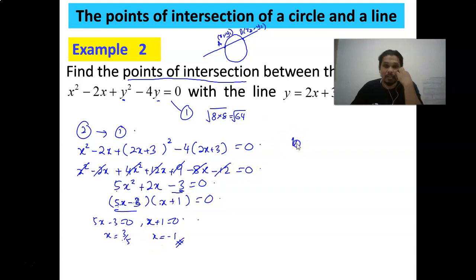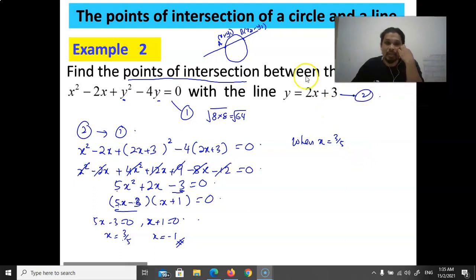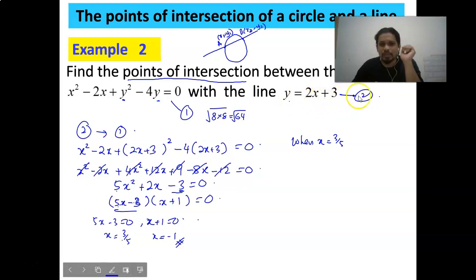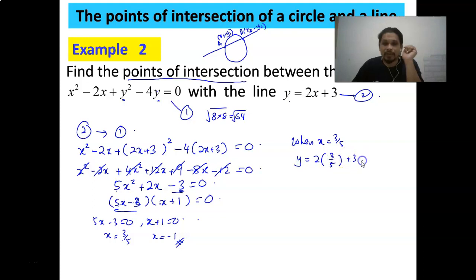So then, when x equal to 3 over 5, you may choose either the equation of the circle or the equation of the straight line. It's all up to you. But why must we make our life hard, right? Choose the simplest one. You can choose equation 2 of the straight line here, so that y equal to 2 times x, 3 over 5, plus 3.